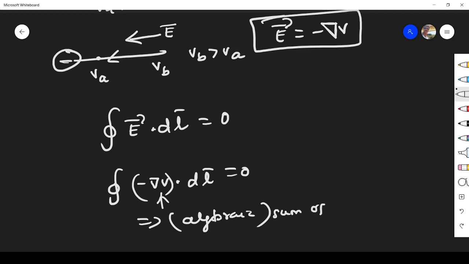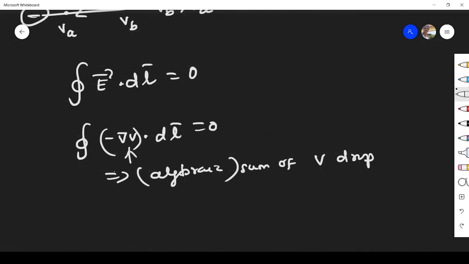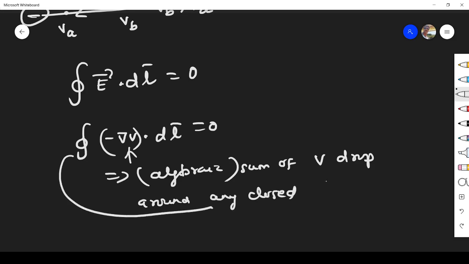The algebraic sum of potential drops, because of decreasing potential, around any closed loop is 0. Why is it so? Because it is a closed loop. What is that? It is nothing but our KVL.